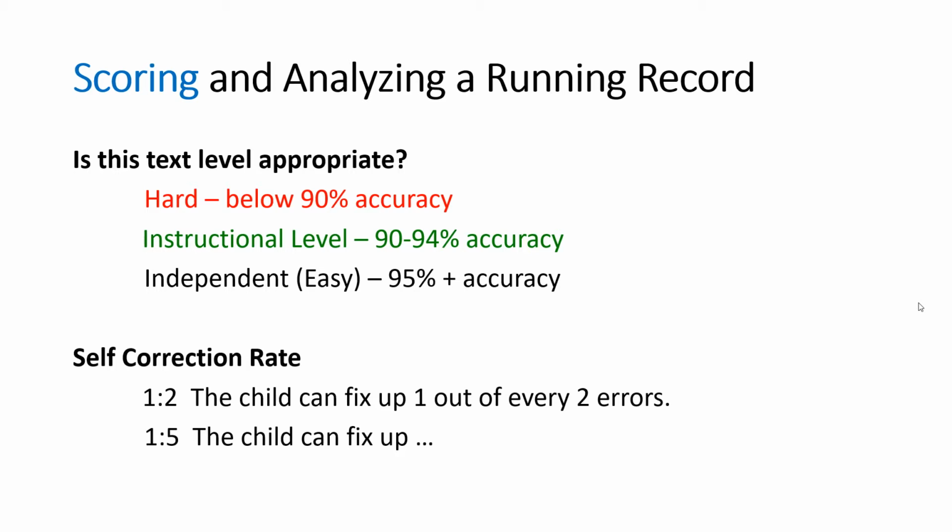If the child corrects no words in a running record, that indicates that they are either not monitoring or keeping track of whether what they're saying is correct, or they don't know how to fix those up. We want a nice low self-correction rate, like 1 in 2 is what we're going for. The child can fix up half of all the words that they miscue.